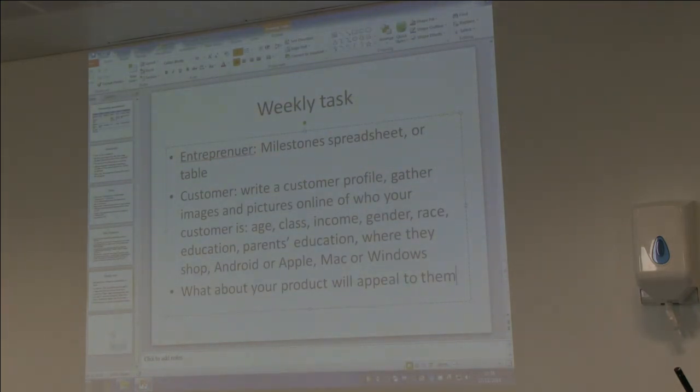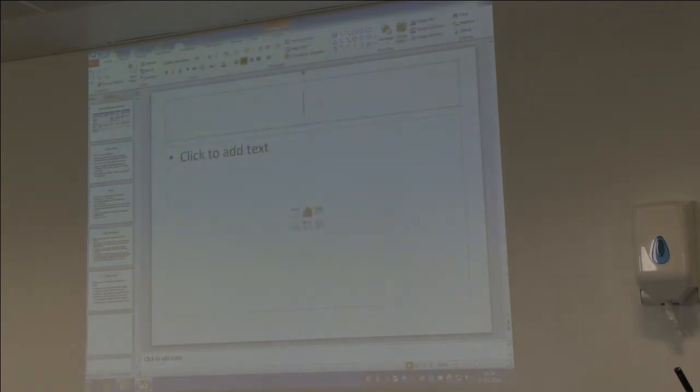So then weekly tasks, so we've got entrepreneur and customer, and we'll do a new slide, weekly tasks, just to get you going. So we need the revenue person to start a spreadsheet forecasting the first year at least, so we can get the first year under our belt.